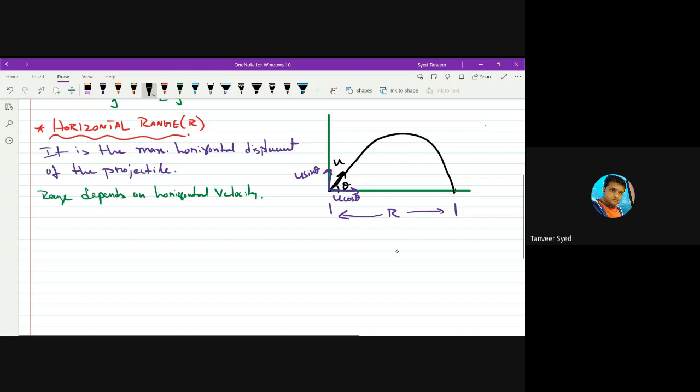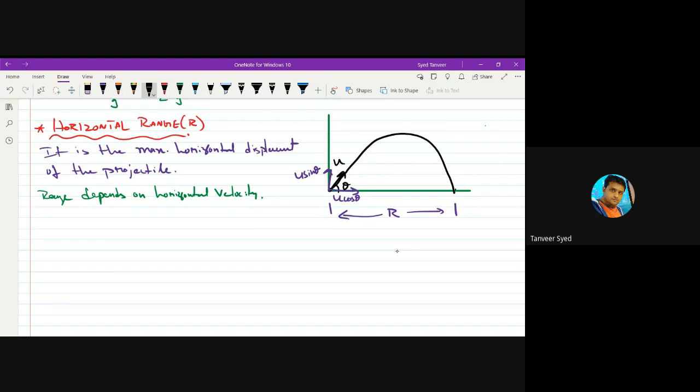Then, which formula should I use here to find horizontal displacement? Range is after all displacement. Sir, s equals ut plus half gt square? Here the point is we are talking about horizontal direction.